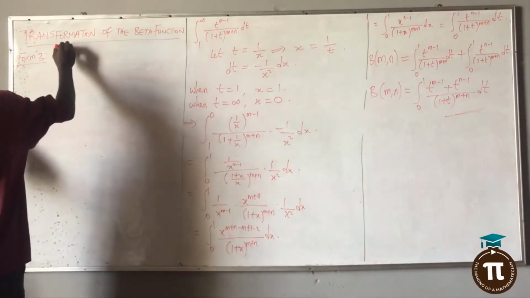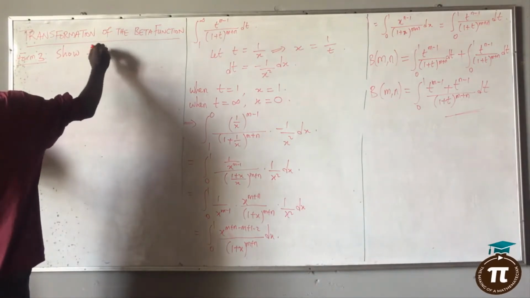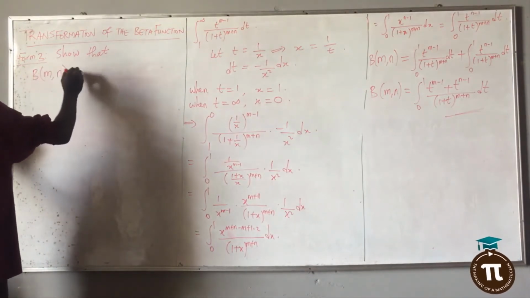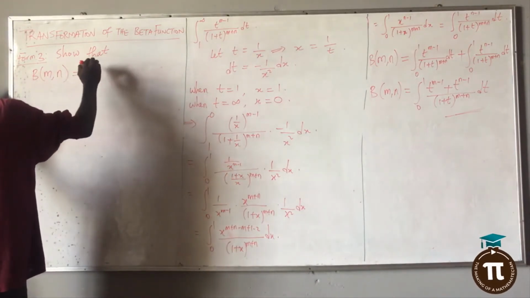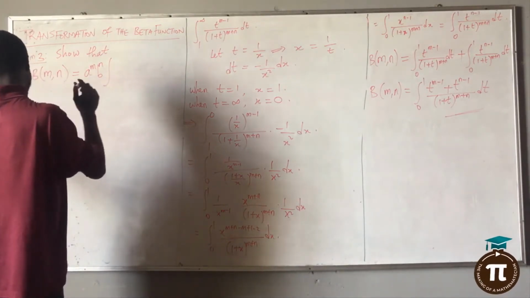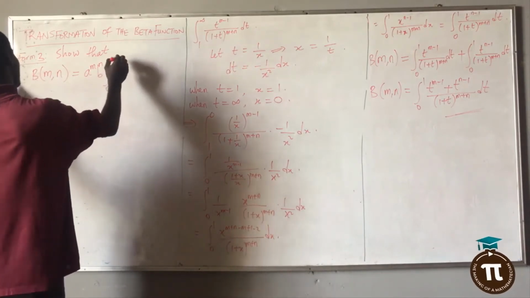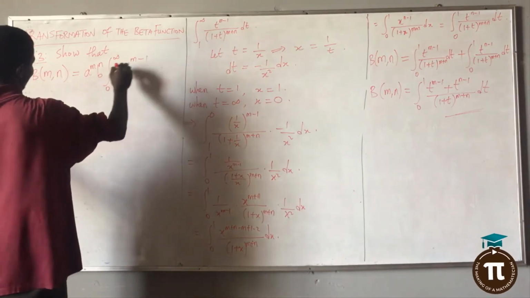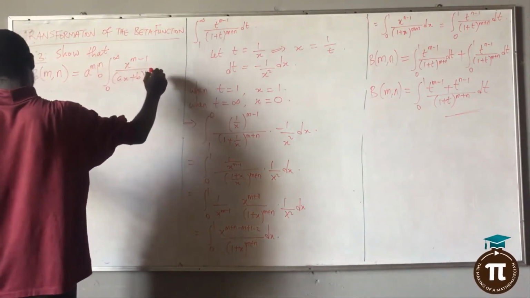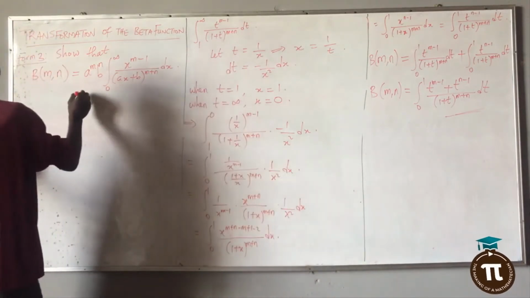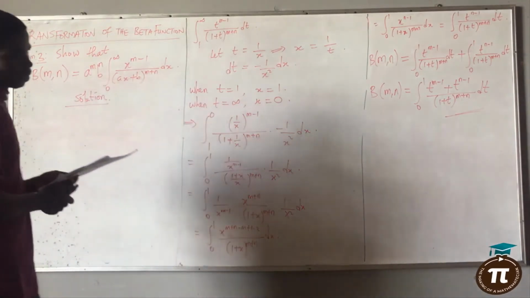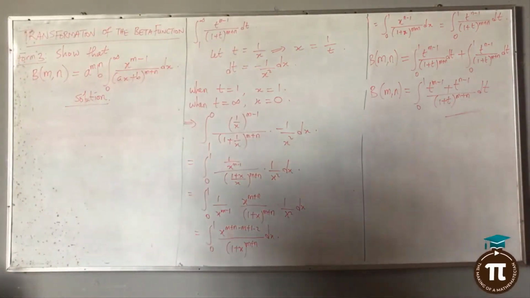From form 3, show that the beta function of m comma n is equal to a raised to the power of m, b raised to the power of n, integral from 0 to infinity of x raised to the power of m minus 1 over ax plus b raised to the power of m plus n dx. This is the next one we want to prove.